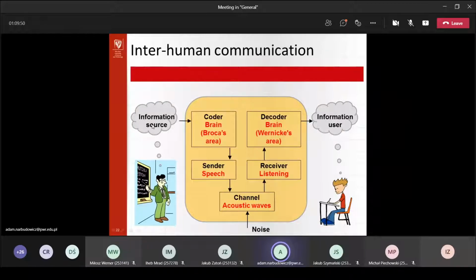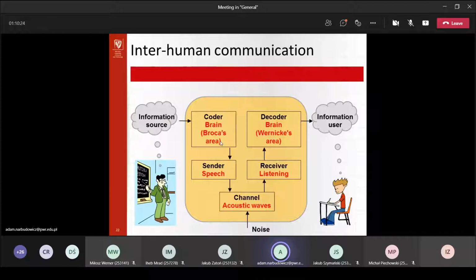So then there's this vague information, the information source, and first this information is coded, right? And this coding is actually done in the brain, to be precise, in what's called the Broca's area. That's the part of the brain responsible for the formulation of speech, right? And there is a transition from the abstract information somewhere in my head to really some words, basically.